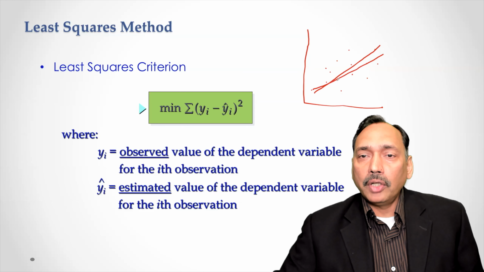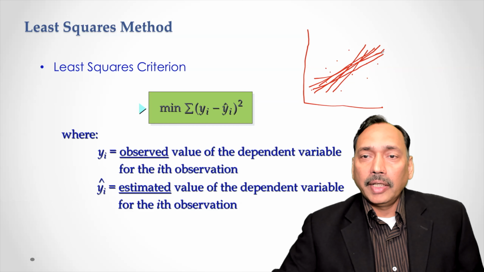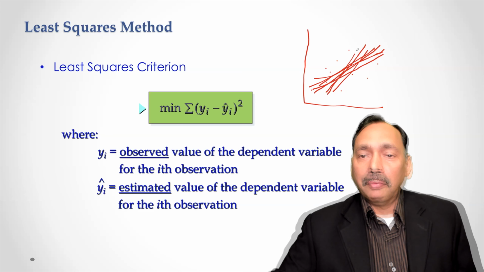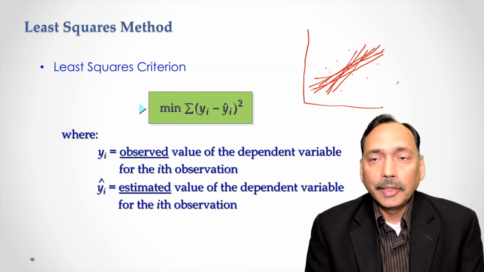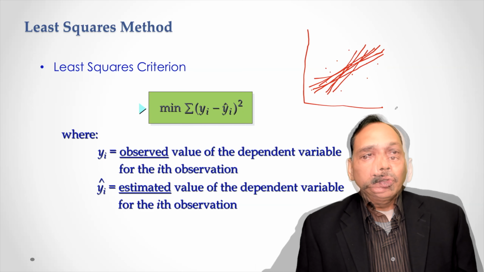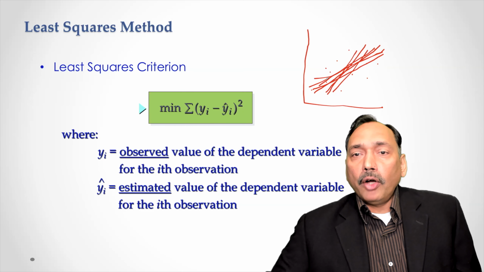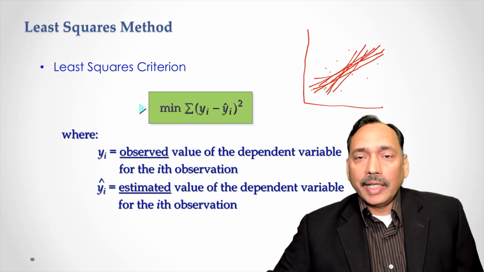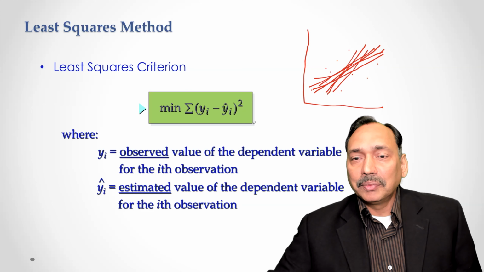There's no limit to how many straight lines you can draw through these points. And each line may have some capacity to represent your data and give you a decent outcome. So people have found that we should go with that line that minimizes the squared difference between yi and yi hat.